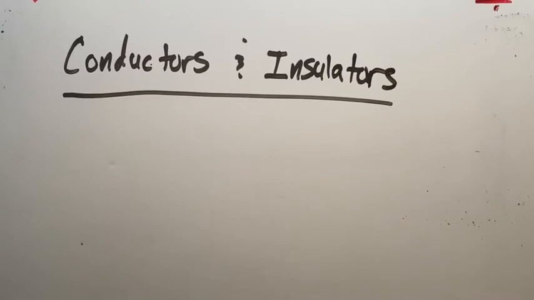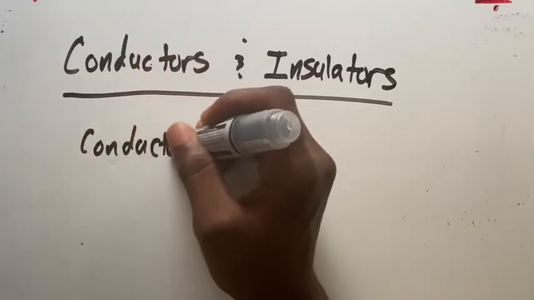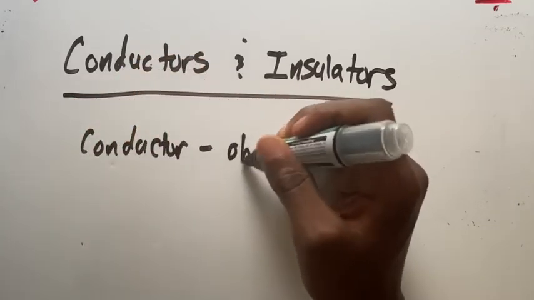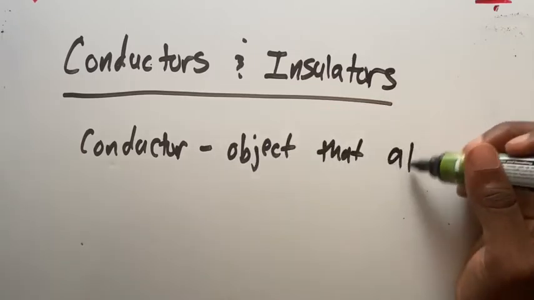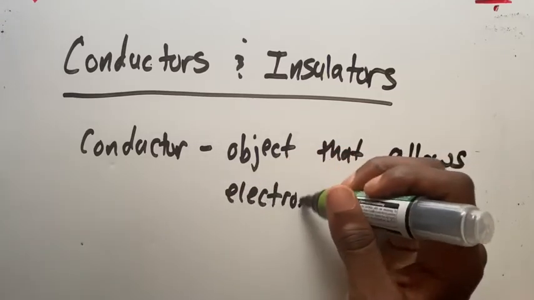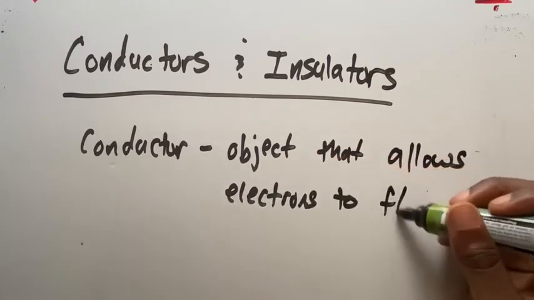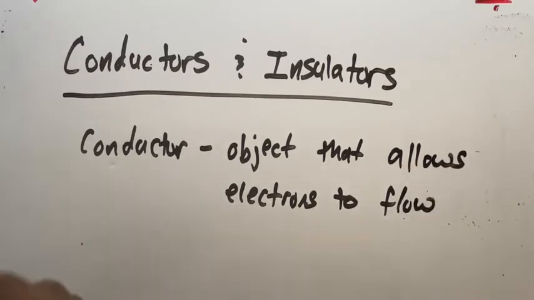So basically a conductor is an object right here. A conductor is basically an object that allows electrons to flow or kind of move throughout the material.